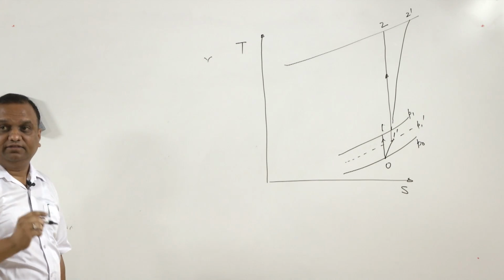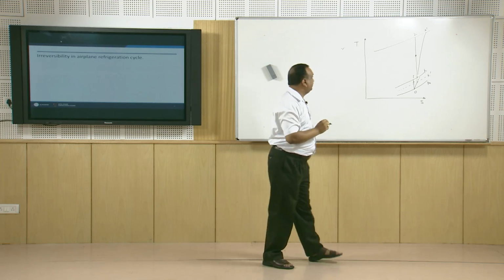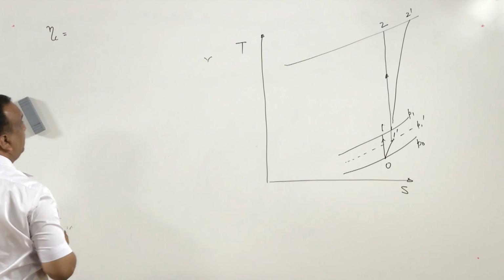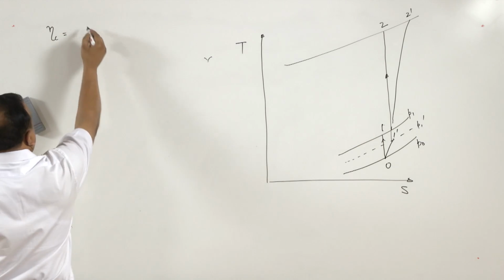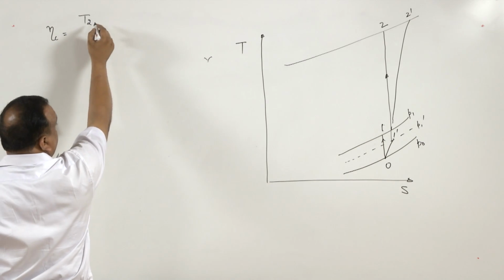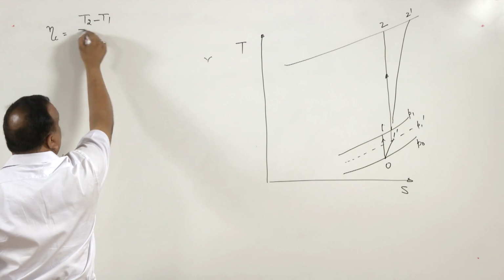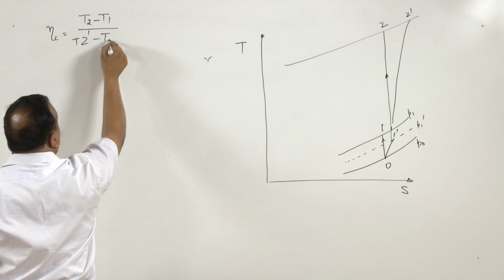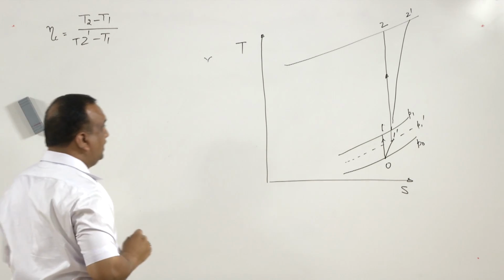And there is a term which is known as polytropic efficiency. So, the polytropic efficiency of the compressor can be expressed as T2 minus T1 divided by T2 dash minus T1.